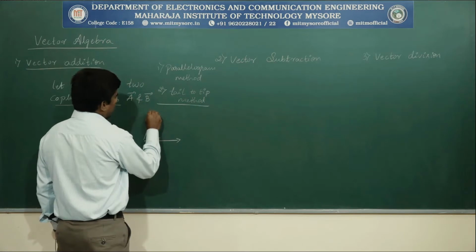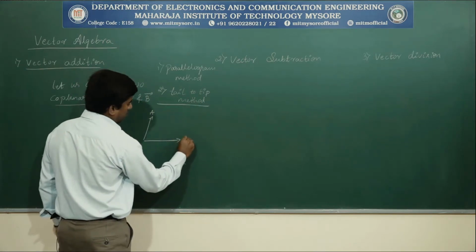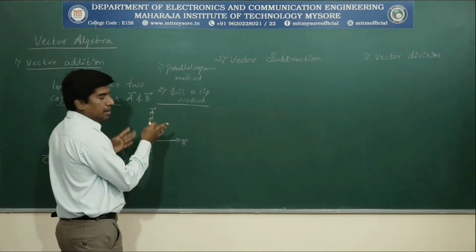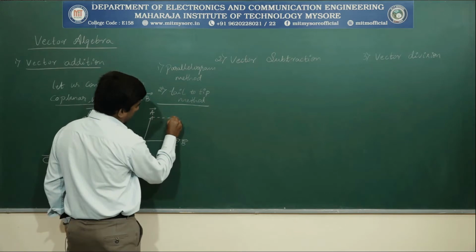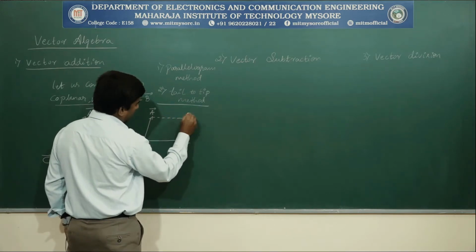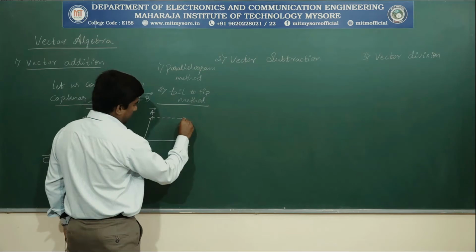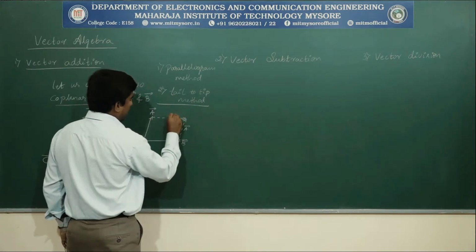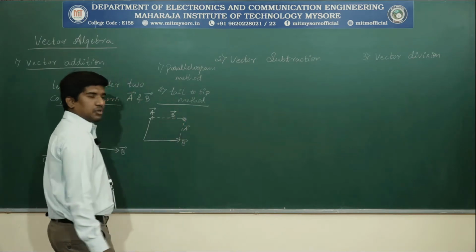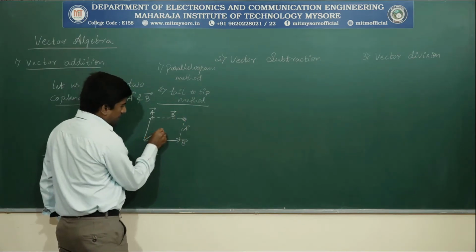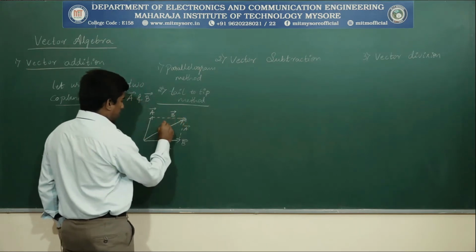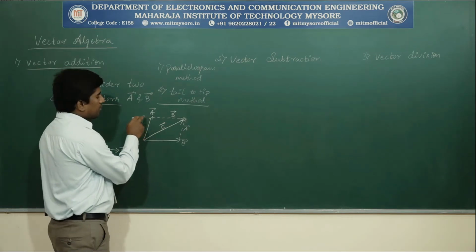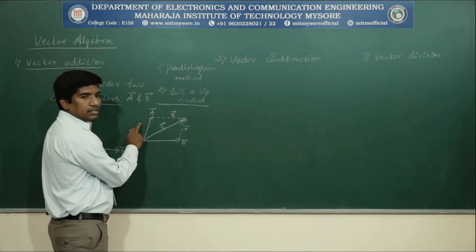Let us consider this as vector A and this as vector B. We know that in a parallelogram opposite sides are parallel to each other. Then this becomes vector B again, and this becomes vector A. Its resultant is the diagonal of this parallelogram, that is C.